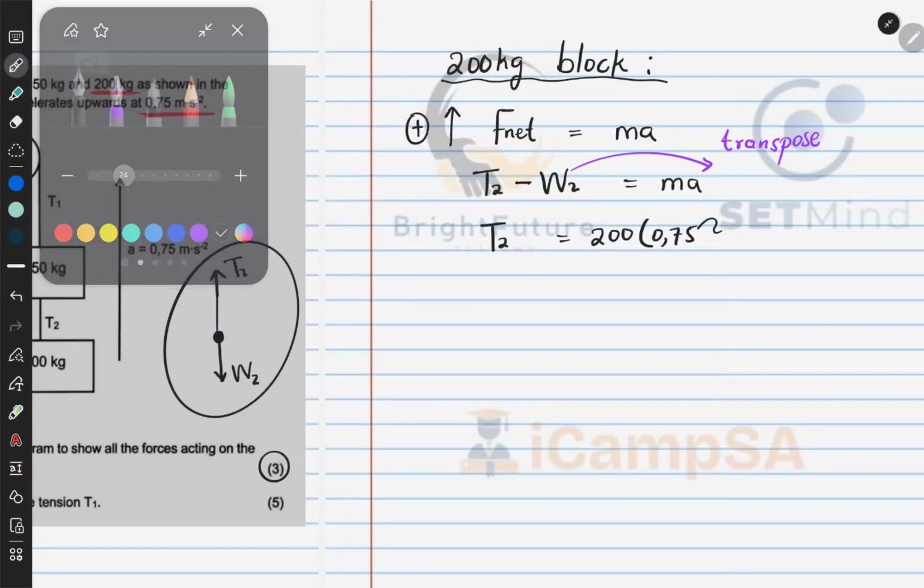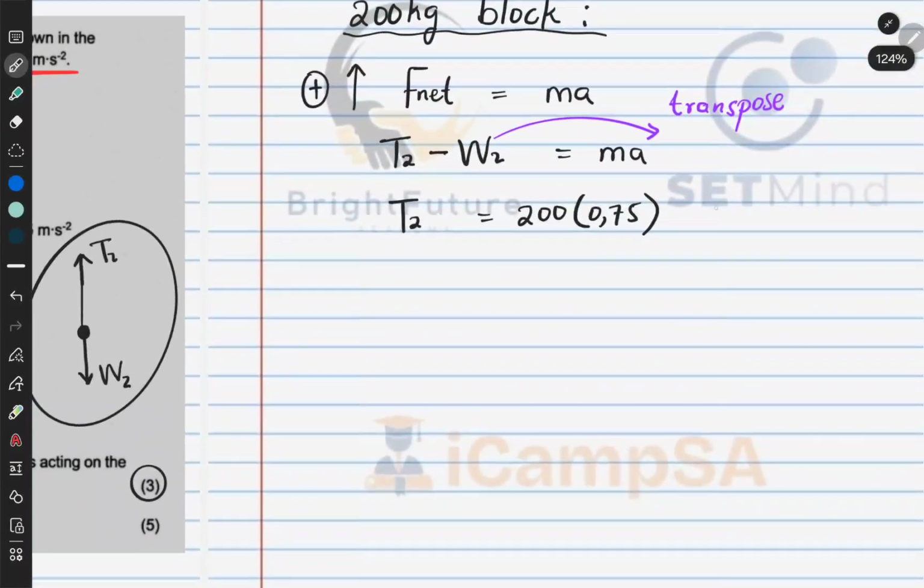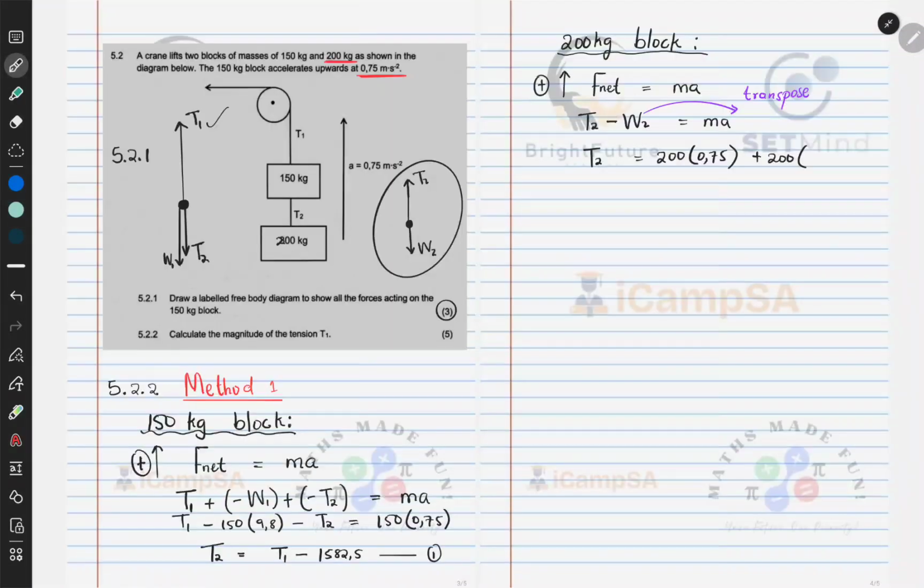So once we transpose, we know that weight 2 is plus 200 times 9.8. Okay, then you can substitute and calculate. You can punch your calculator. So I get 2110 newtons, right? This is how much I get.